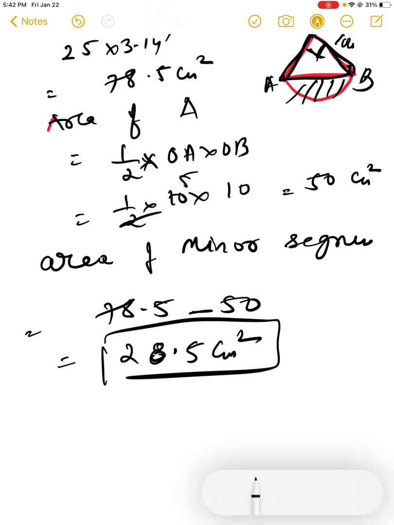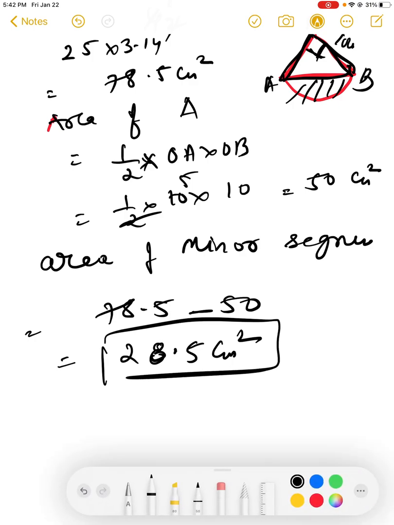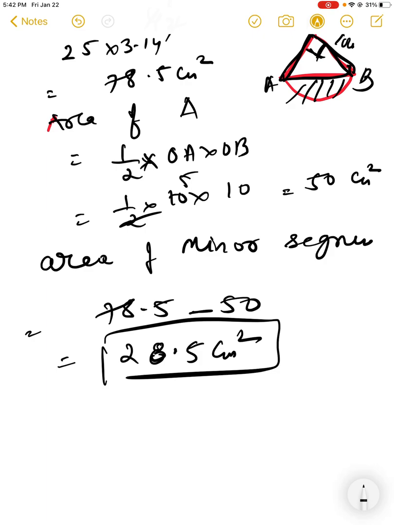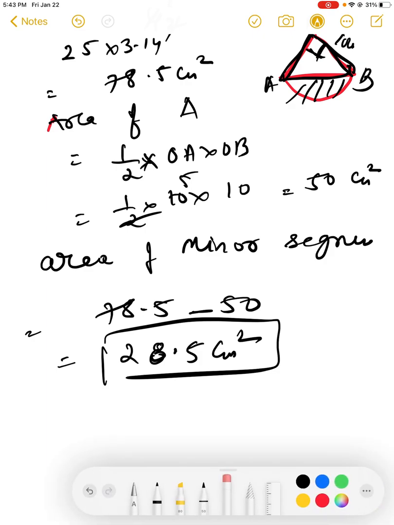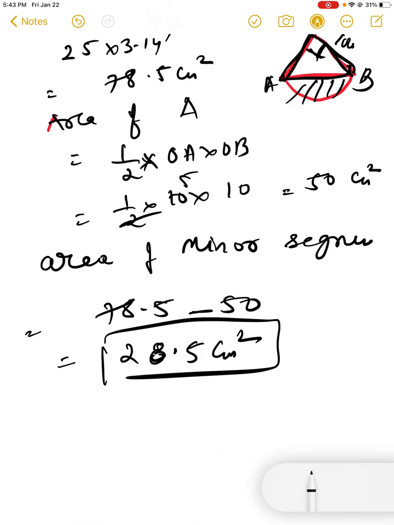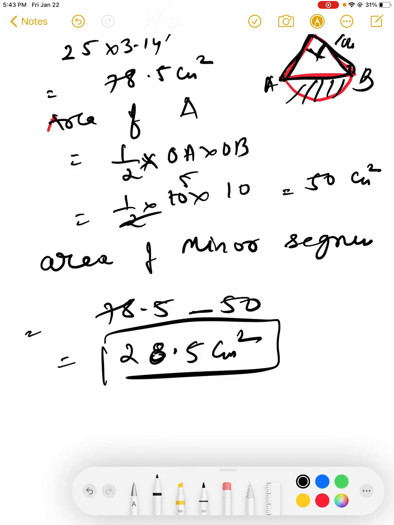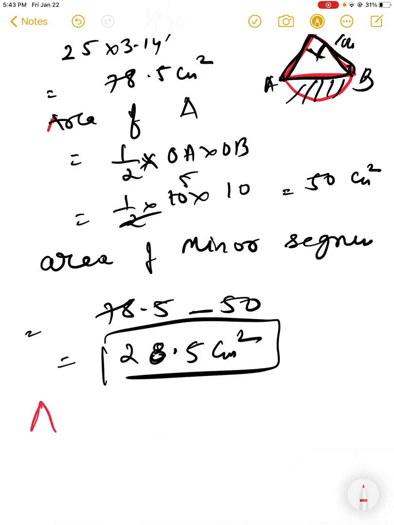But we have to find out the area of the major segment also. Area of the major sector. How will you find the area of the major sector?